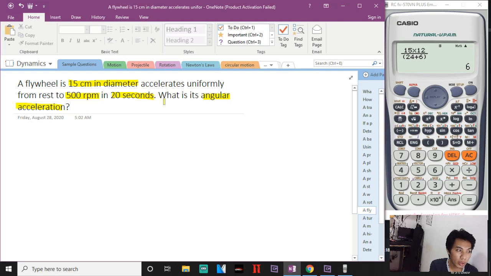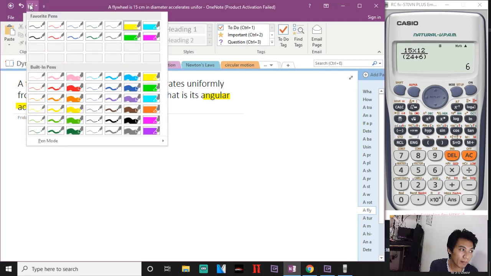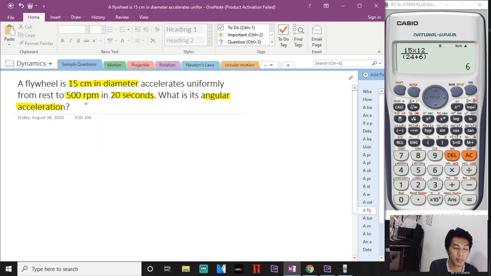Now, you are given yung 500 RPM kasi is omega yan. Tapos meron kang T, meron kang D. Okay? So, how will we solve it? Kailangan i-convert mo muna yung angular velocity mo. So, meron kang 500 revs per minute. Kailangan naka-seconds. Okay?